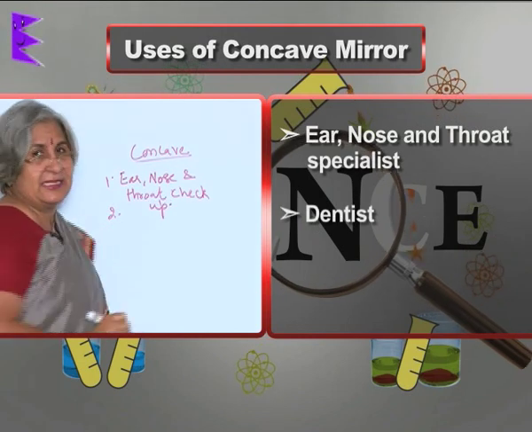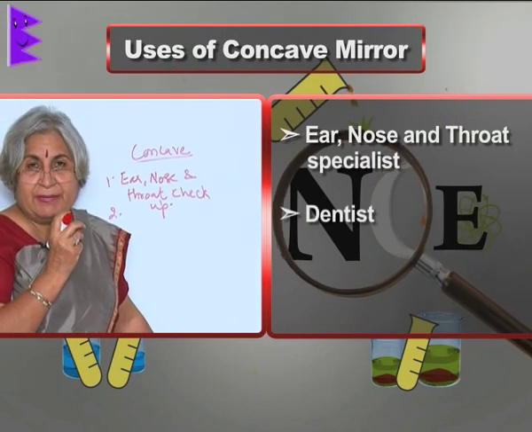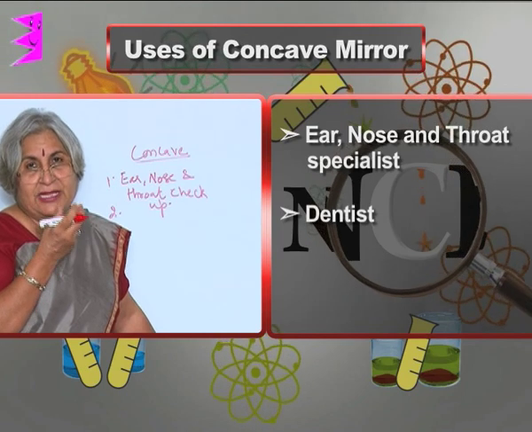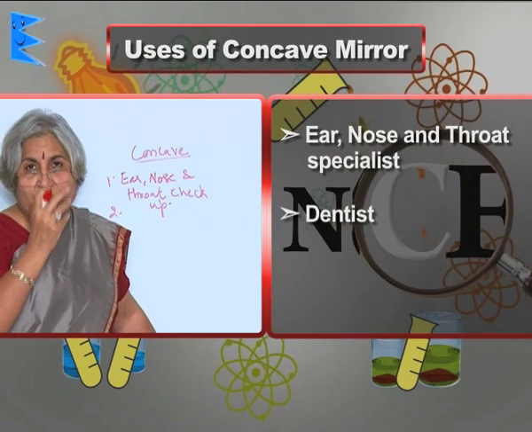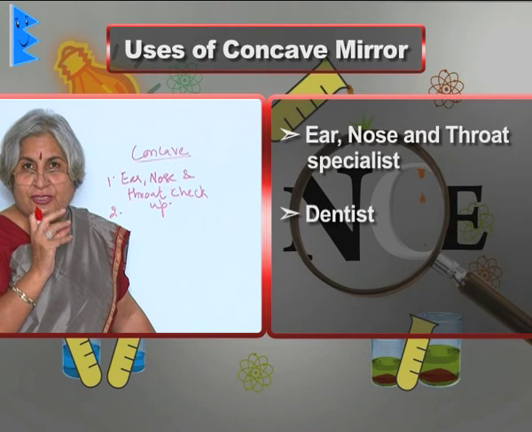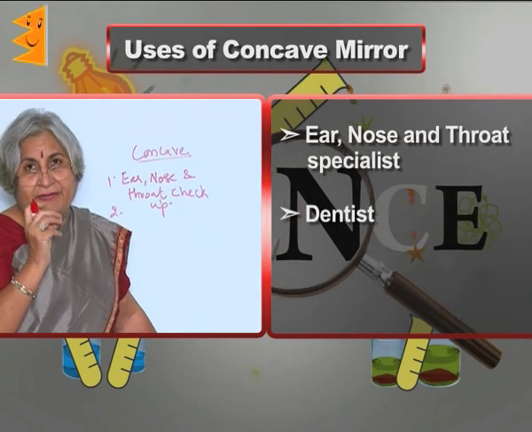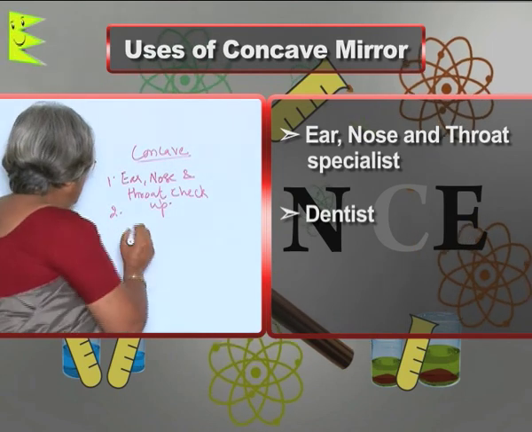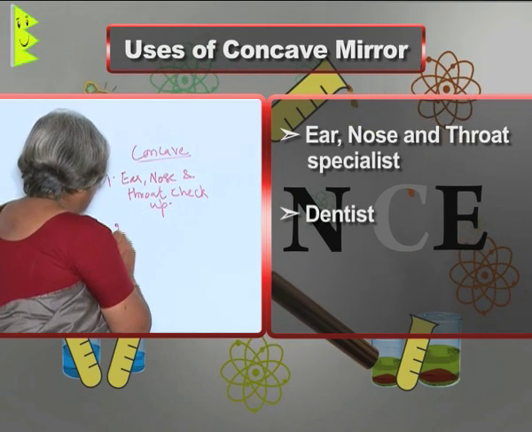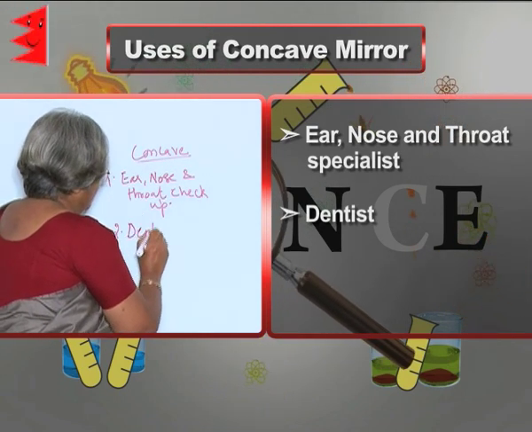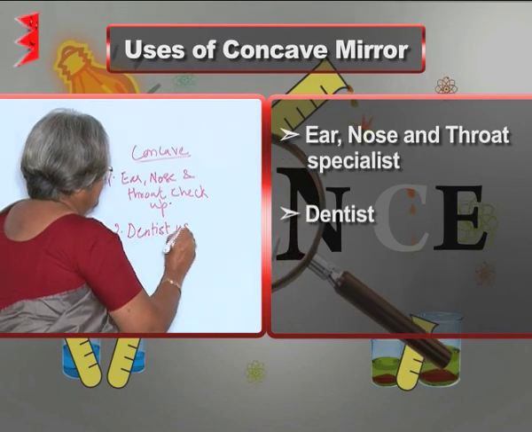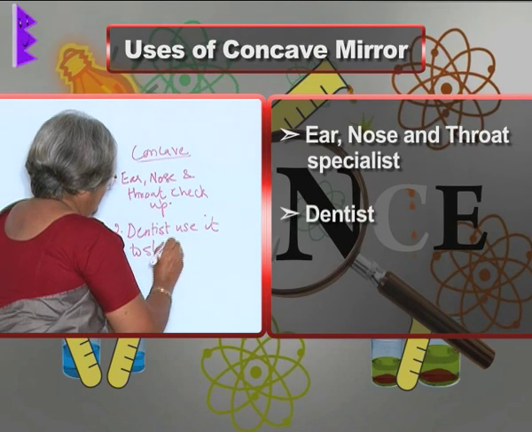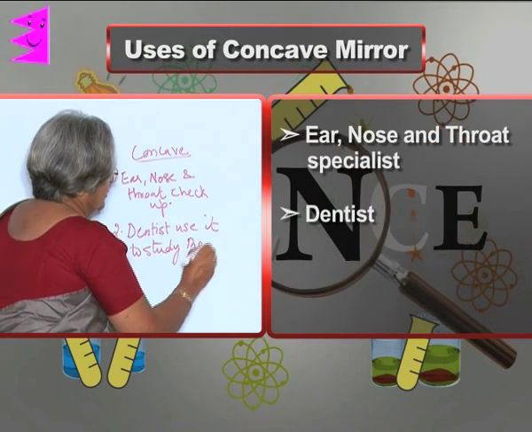Even the dentists, when they want to see the image of a tooth, use concave mirror, and because it is very close, the image is larger. They want to enlarge the image to actually study and understand where the cavity is or what is the problem with the tooth. So, dentists also use it, to study the tooth.